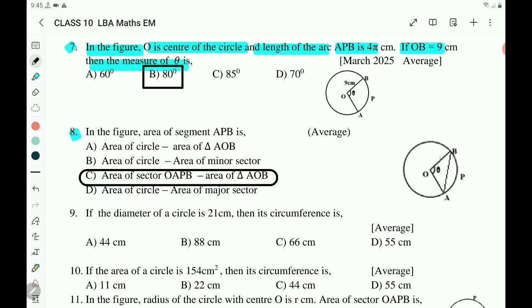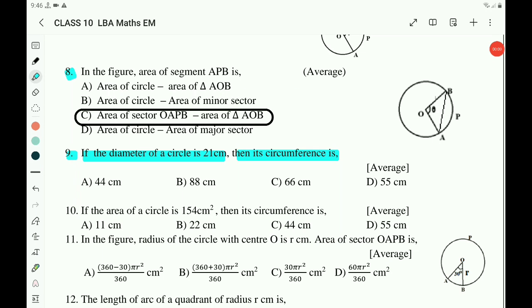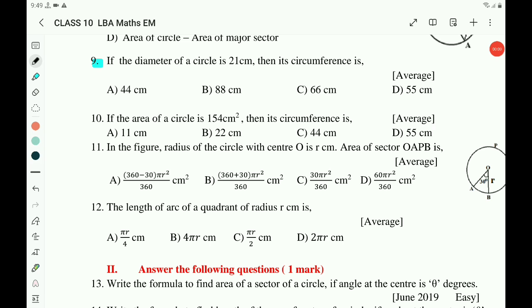Area of sector OAPB minus area of triangle AOB. Next question, 9th question. If the diameter of a circle is 21 centimeter, then its circumference. Again we got the same type of question. Here the diameter is given, that is D. Directly you can multiply pi and D. Diameter is 21 centimeter.